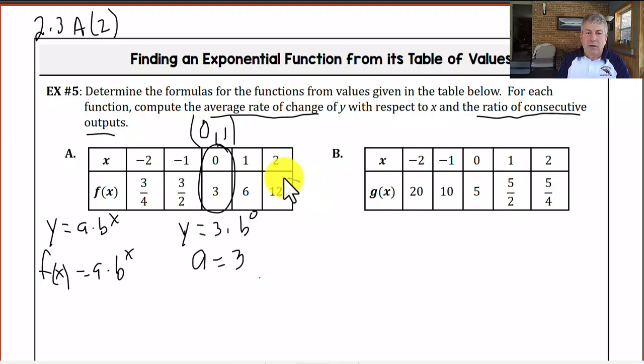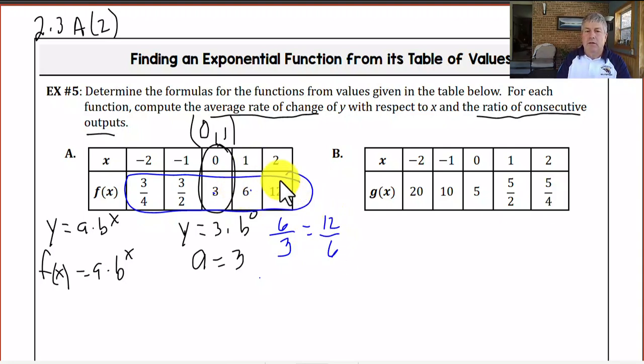Then the next thing we can look at is our outputs, our y values. That is going to tell us what our b is. We can see here that our values seem to be doubling. It's easy for me to see that, like 6 over 3, and then going from 6 to 12 is the same as 12 over 6.